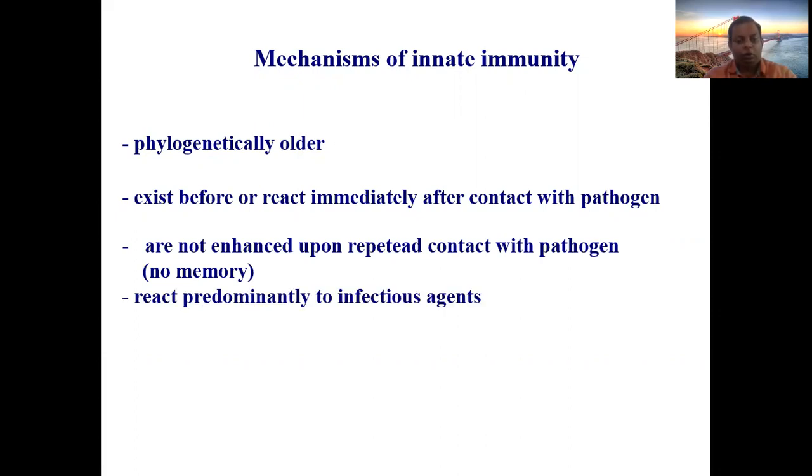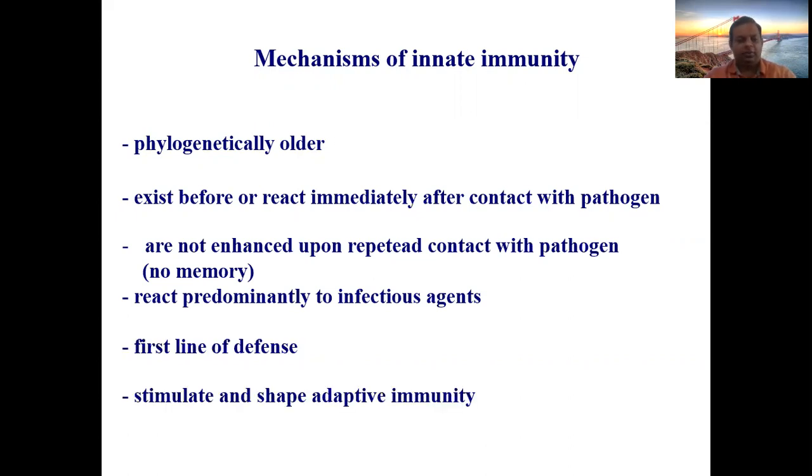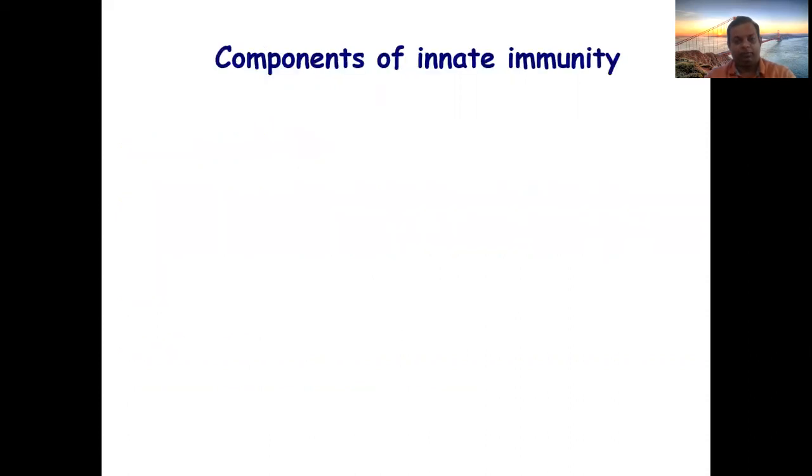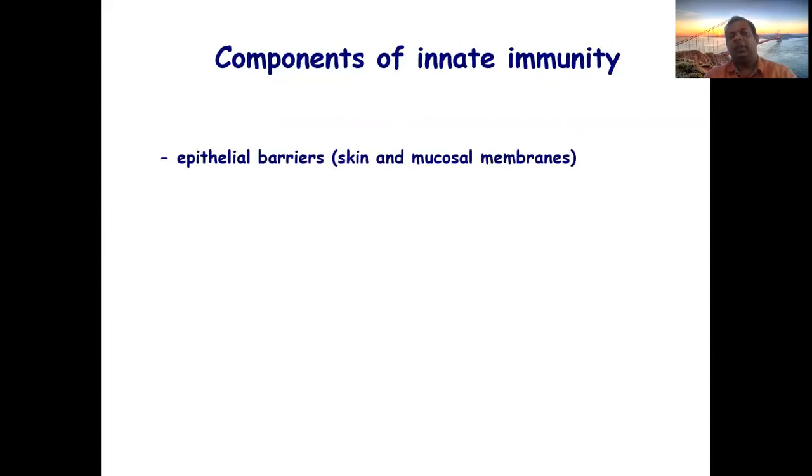It reacts predominantly to infectious agents. First-line defense, it stimulates and shapes adaptive immunity later on. So components of innate immunity, what do you think? First-line defense, epithelial barriers, skin and mucous membranes. Cells are also there. Phagocytes. What are the phagocytes?